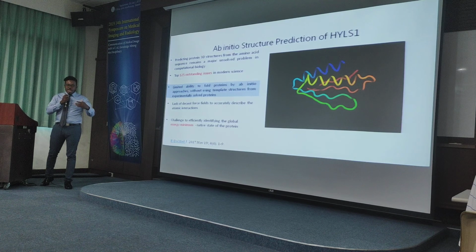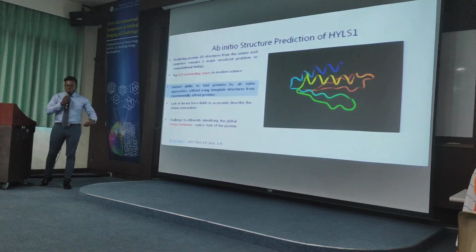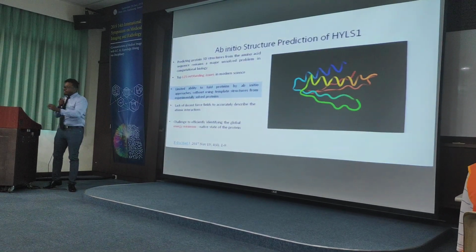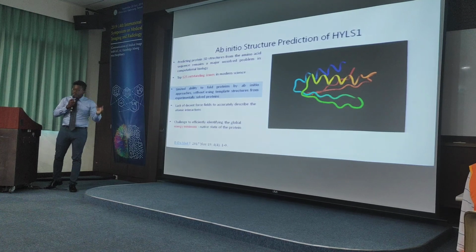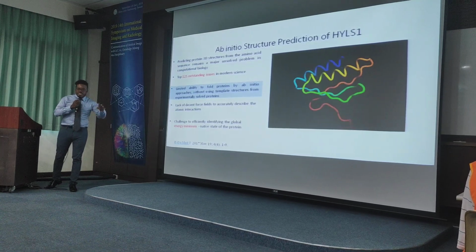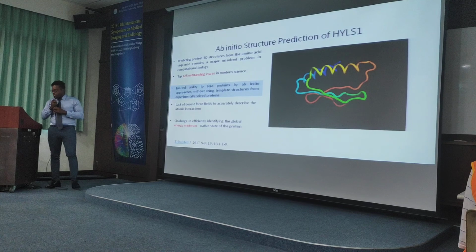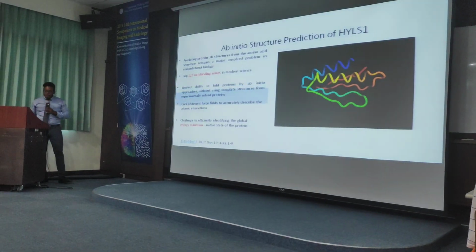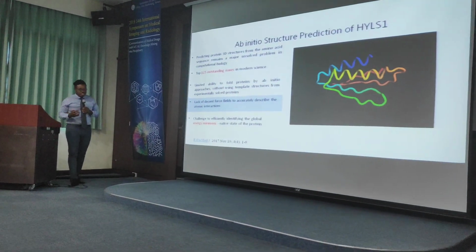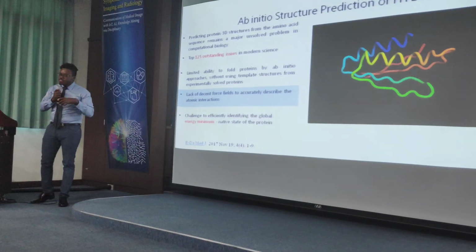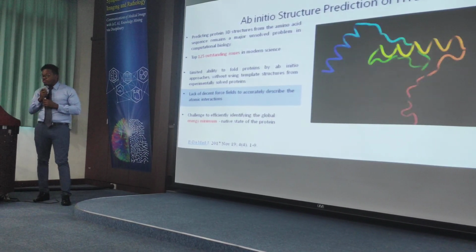Homology means using other experimentally solved structures to predict a structure. You can look at protein families, and based on the family, you can say you will have these characteristic features. So one of the limitations with ab initio protein modeling is lack of force fields.